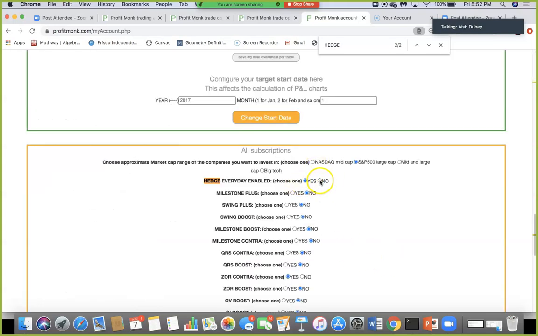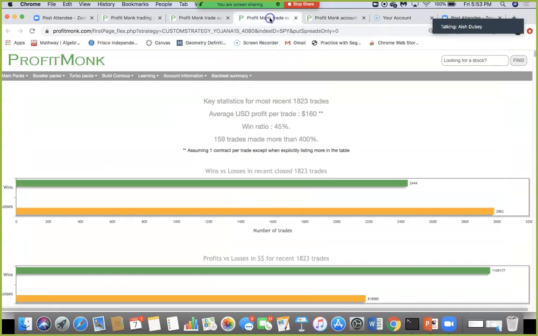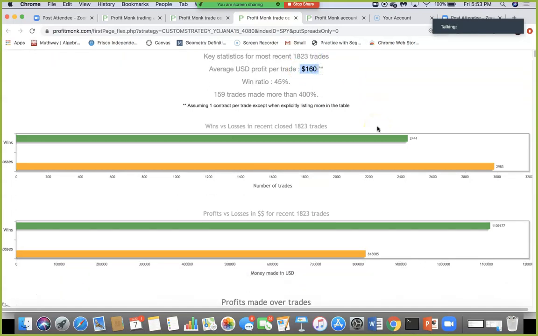If you change it to no, then it reduces the frequency a lot, and you can try changing it, and most probably it is a no for your settings mostly. So that will change the number of trades, the frequency at which they appear, how often you have to make them.